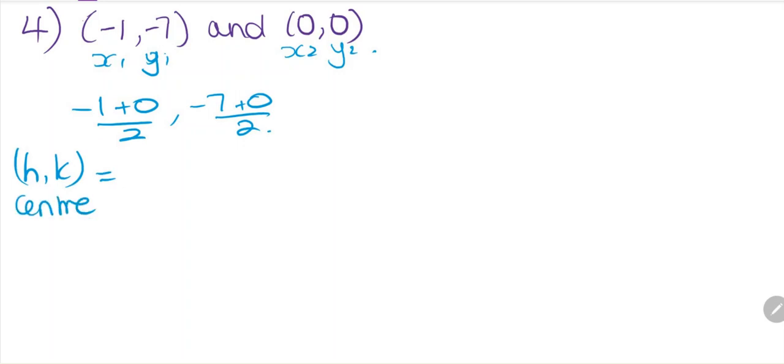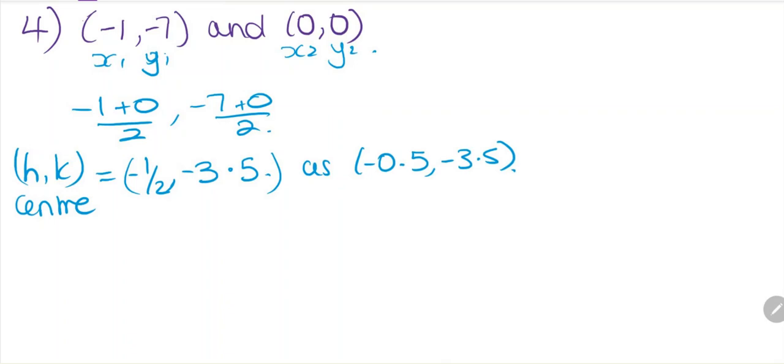This is going to be at 0, minus a half, comma, and this is going to be at minus 3.5. We could also write this as minus 0.5 and minus 3.5.